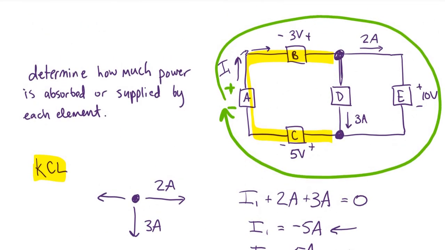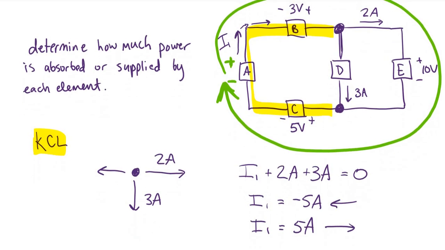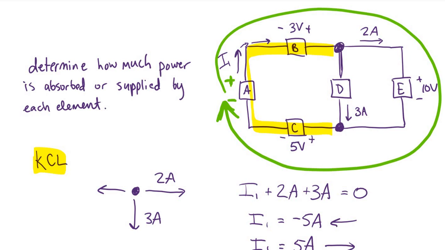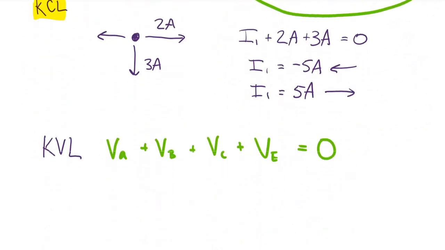And now we have to be a little bit careful about what our sign convention is. So what we're going to say is anything that goes minus to plus, we'll call that positive, and anything that goes plus to minus, as we're going around the loop in the direction that I've drawn with this green arrow, anything that goes plus to minus we'll call a sink. Okay, so that makes A and B positive, and C and E negative.